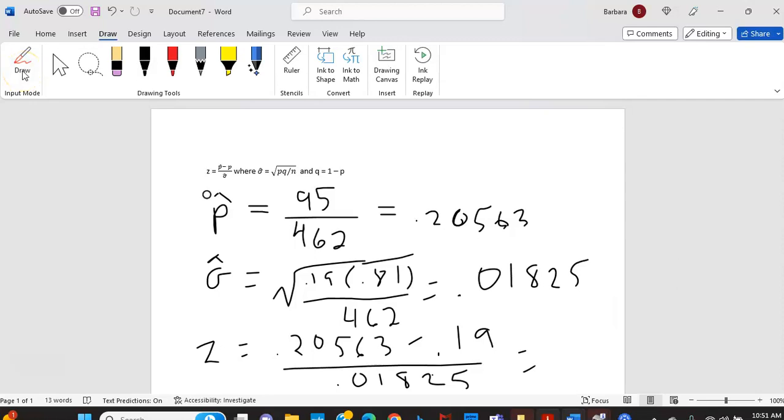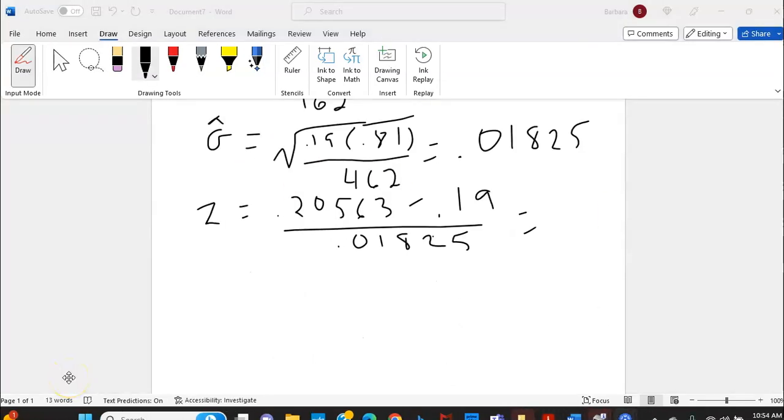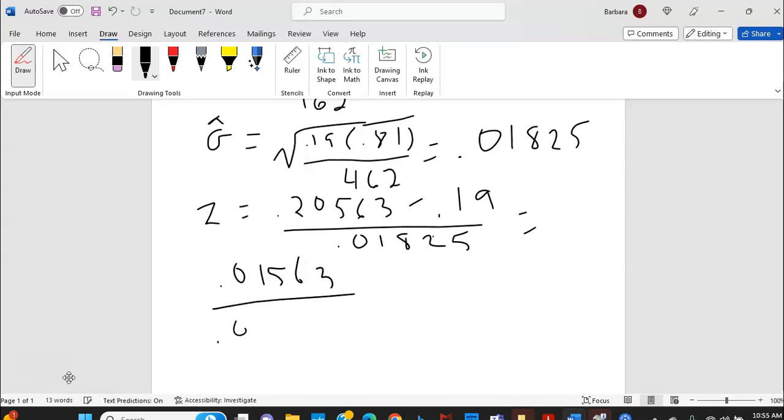When I subtract on the top, I get 0.01563, and of course the bottom is still the same. When I divide that out, I get a test statistic, rounded to 3 decimal places, of 0.856.